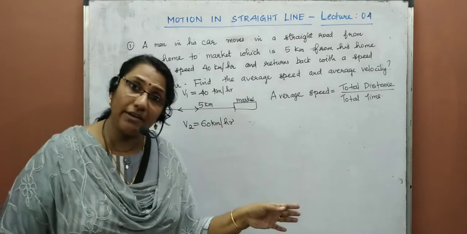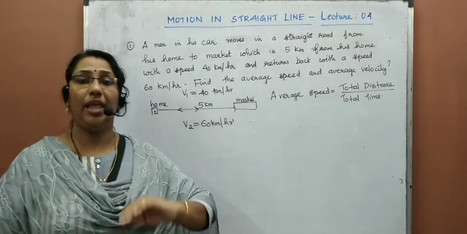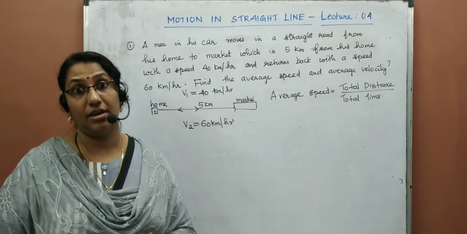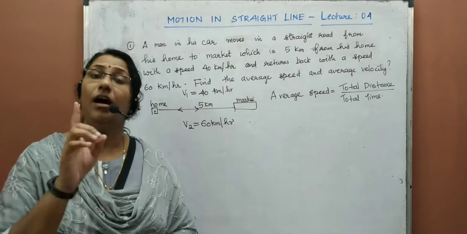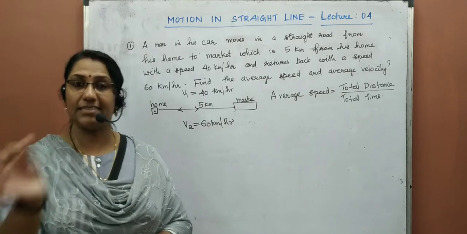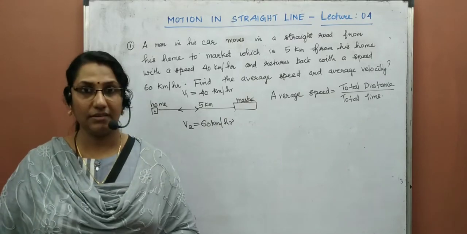From home to market, the distance is 5 kilometers. From market to home, again the distance is 5 kilometers. That is, two equal distances are travelled with unequal speeds: S and S are travelled with V1 and V2. Is it clear?